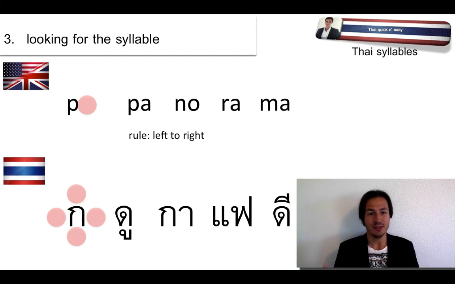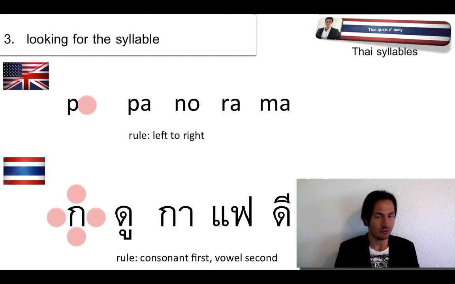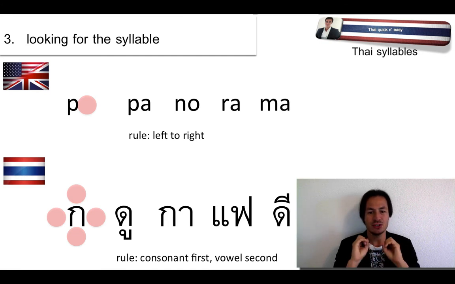Okay, so what we do in Thai, as a rule, instead of reading just from left to right, we always read the consonant first and the vowel second. Therefore, it does not really matter at what position the vowel is placed. It can be in front of the consonant, or below, or above, or as I said, afterwards. You always look for the consonant-vowel combination, so you look for the syllable and you just read the syllable.